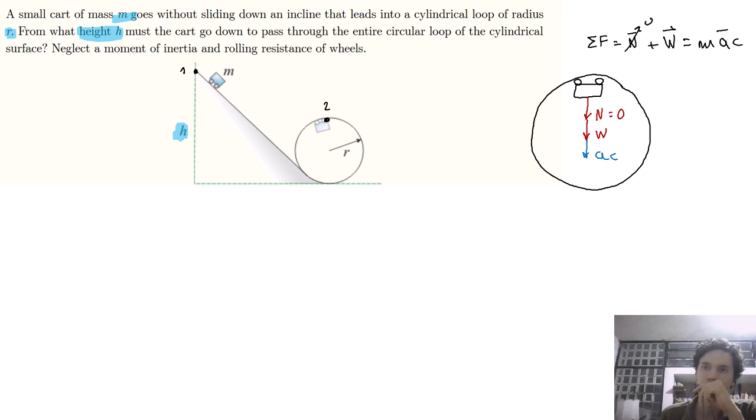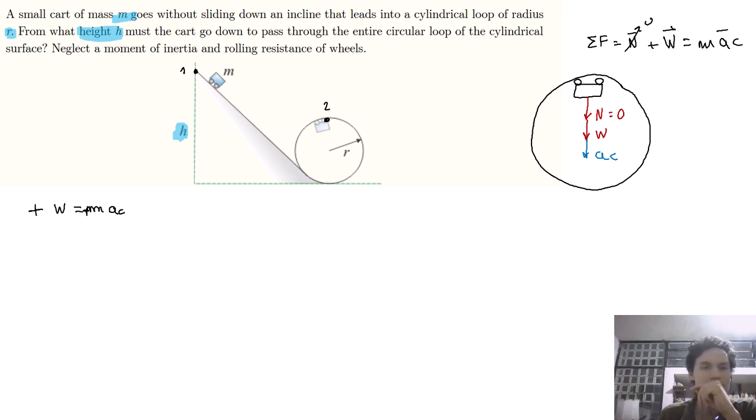This is a vector, so if we make this into a scalar, let's write the direction. It will be minus the weight, since it's going down, equal to mass times the centripetal acceleration, which also will be negative, since it's pointing to the center of the circle. So if both are negative, they become positive.